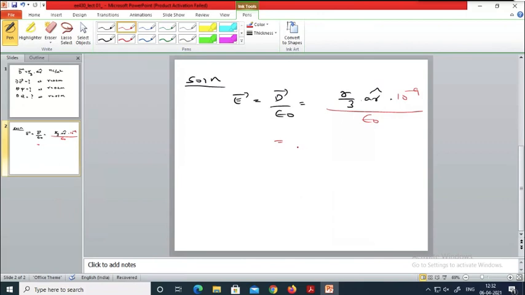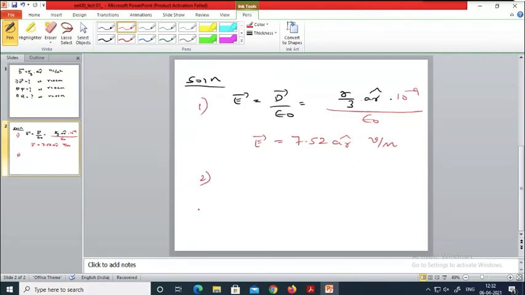So if you substitute, you'll get it as 7.52 ar cap volts per meter. This is the first solution.